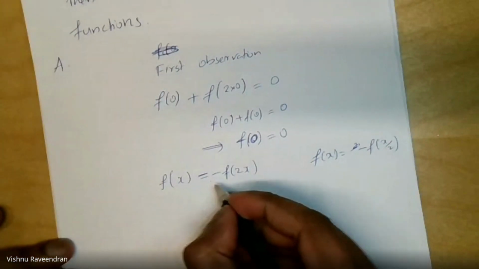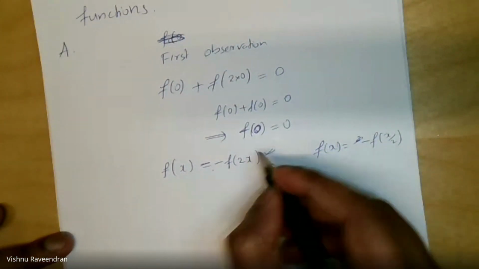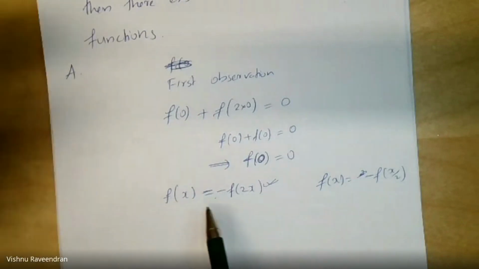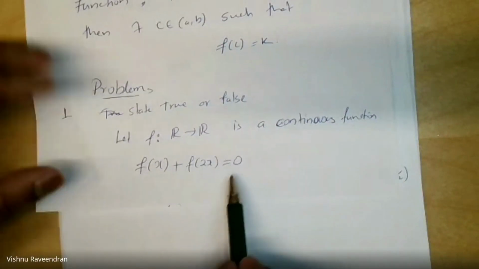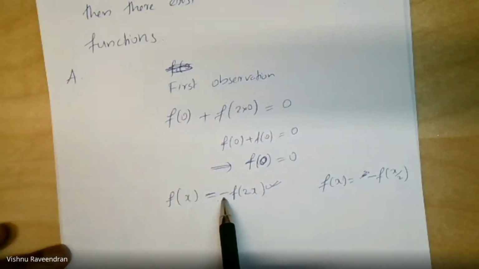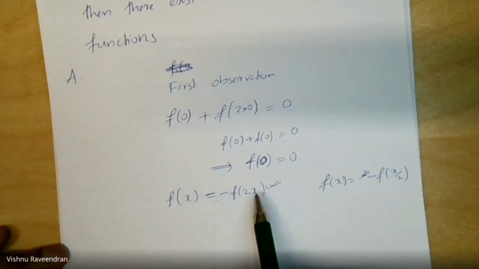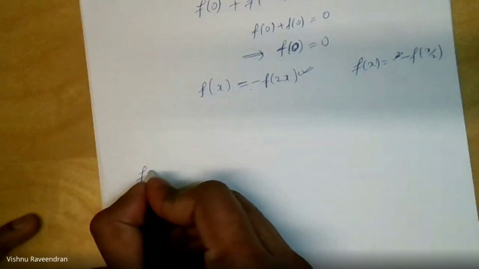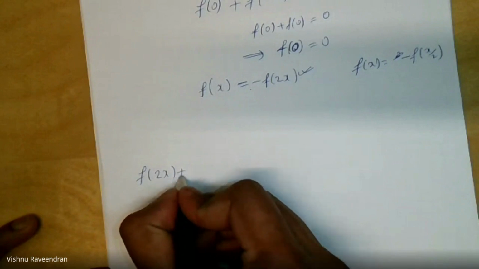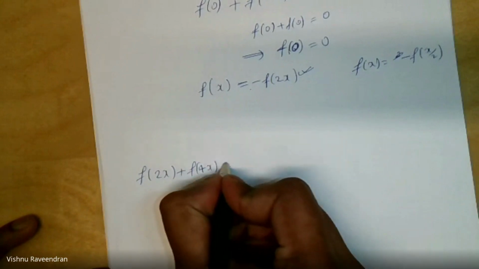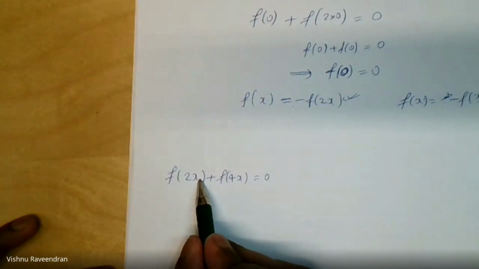Because f(x) plus f(2x) equals 0, we get f(x) equals minus f(2x). Again, we know f(2x) plus f(4x) equals 0, because instead of x, I put 2x.